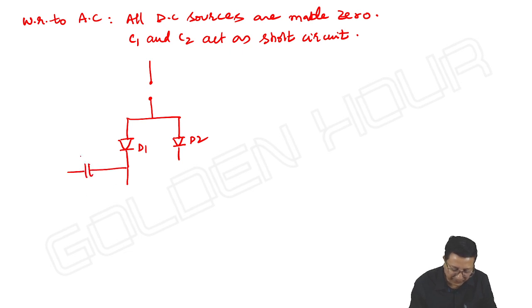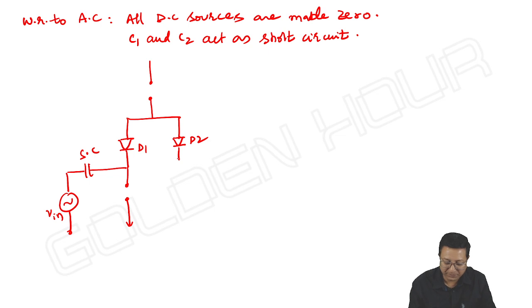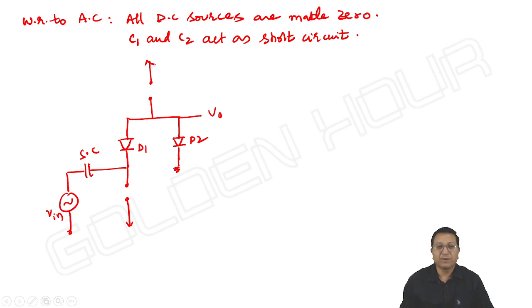Here we have a capacitor which acts as short circuit. Next, V input. Here we have a current source which is again acting as open circuit. Diodes D1 and D2. This is our output. Okay, we have removed the DC sources. Current source means open circuit, voltage source means short circuit. That's what we do. D1 and D2 are in conduction.